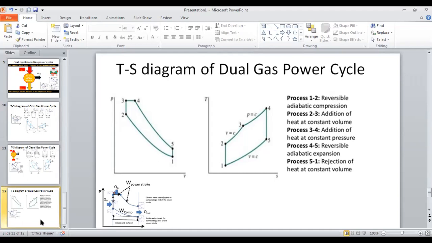Then we can look into the TS diagram of the Brayton cycle as well.